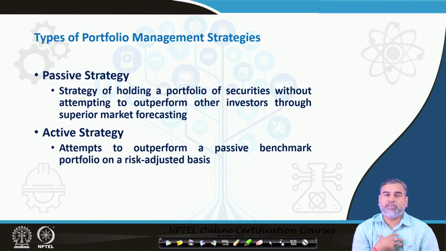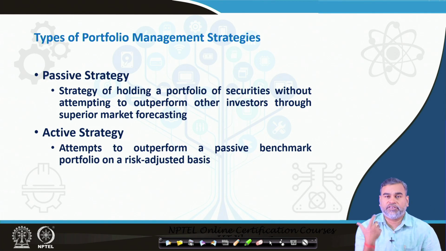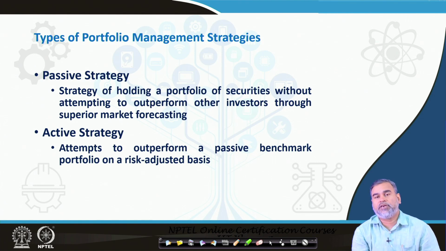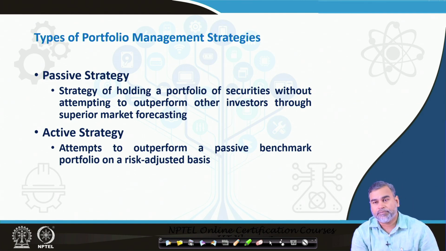My objective is to get that much return. If I am getting that much return, then the performance of my portfolio is fine. So the bank is not interested in always beating the bond market return; they are trying to get the return that the bond index is giving.